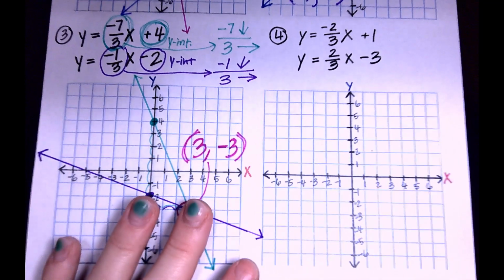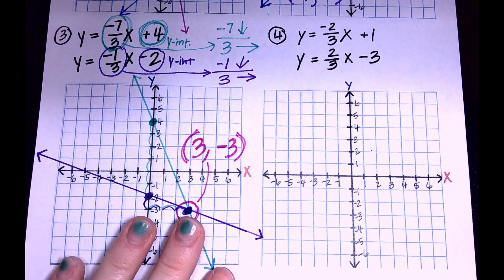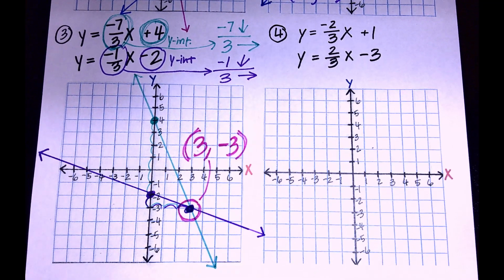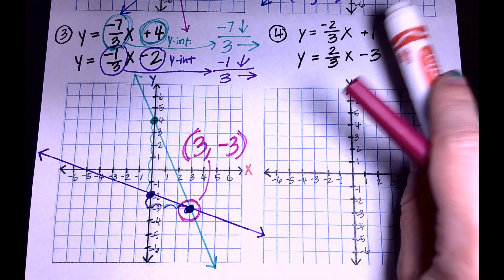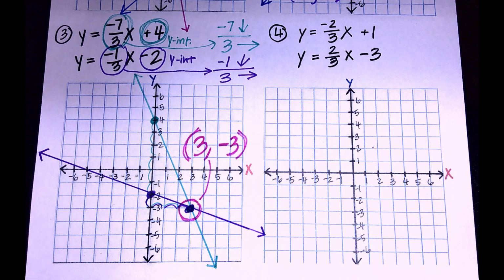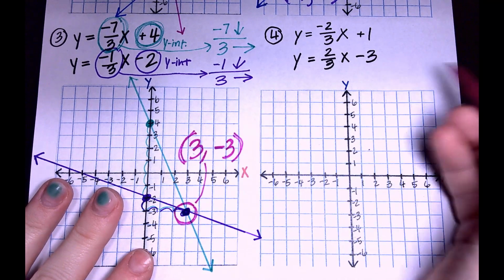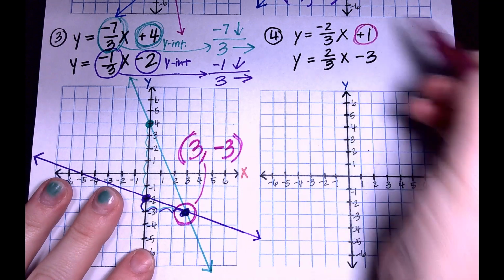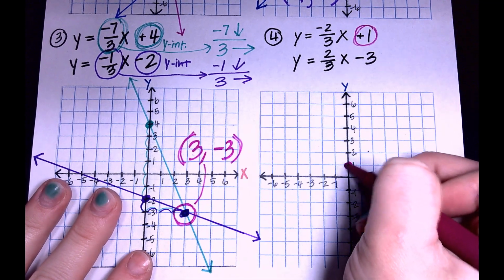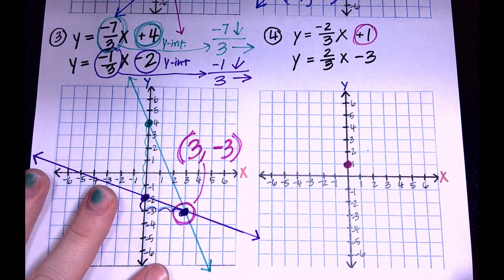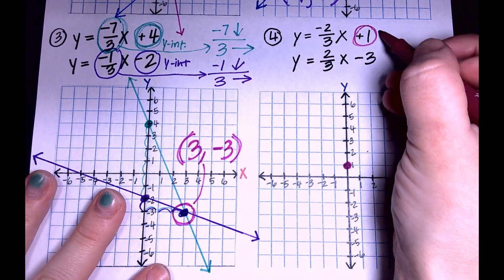Okay. So, first line. Where does my first point go? Positive 1. Perfect. So I'll start right there on the y-axis at 1. And where do I go from there?